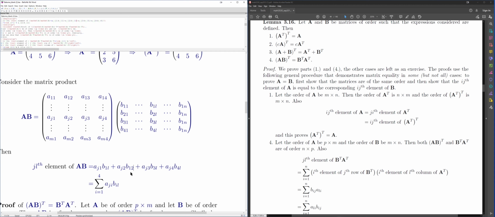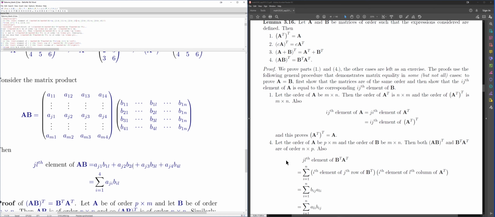This should be B2l there. And then you would have 3 here and 3 here and 4 here and 4 here. So when I multiply the row against the column, I can write the result using sigma notation. And the idea is that from this sigma notation, the j is telling me that this element is going to be in the jth row and in the lth column of the product.